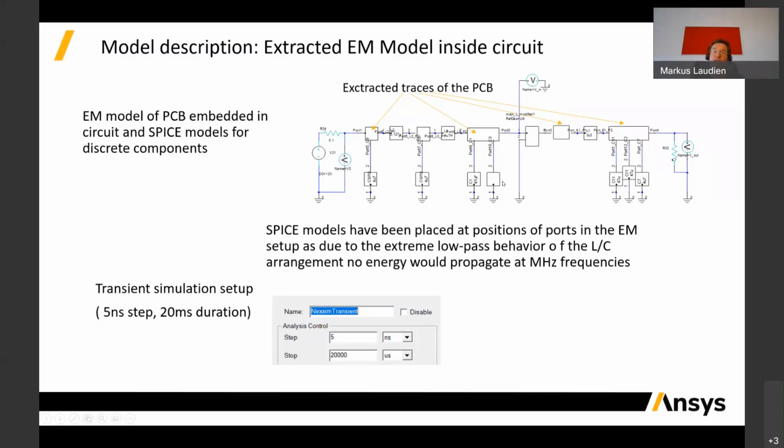A further advantage is that then it's possible to exchange the SPICE model by another component, which also has been done, and study what capacitor or what capacitor family has a better effect for the suppression of conducted EMC. Then some transient setup here, in this case up to 20 milliseconds with a spacing of 5 nanoseconds, has been set up.